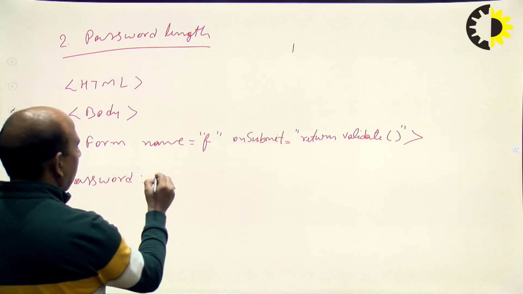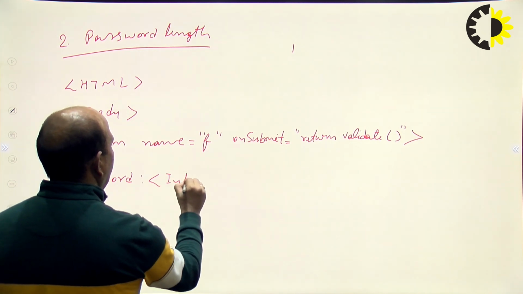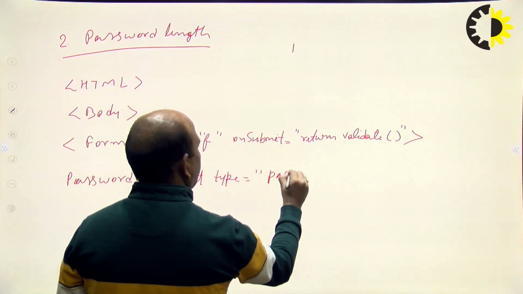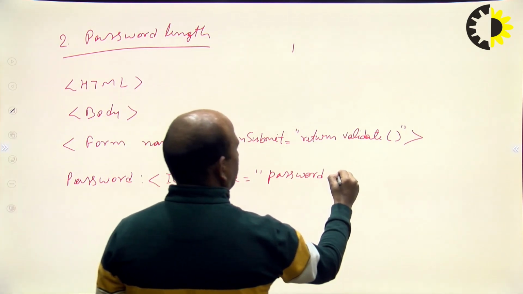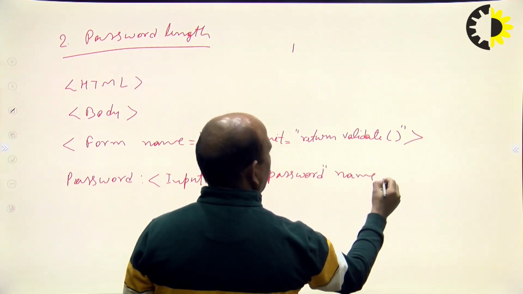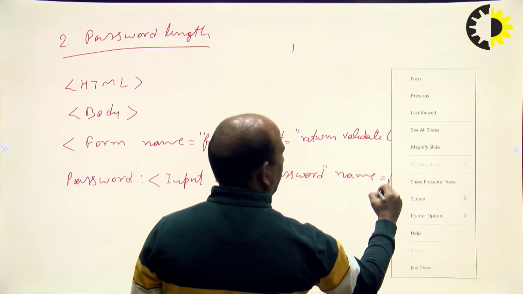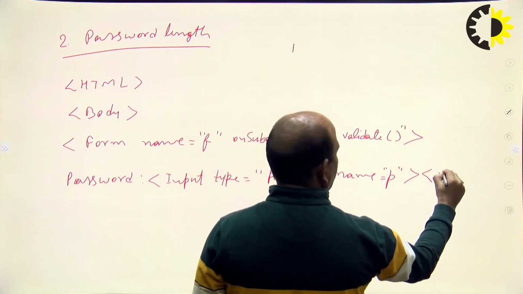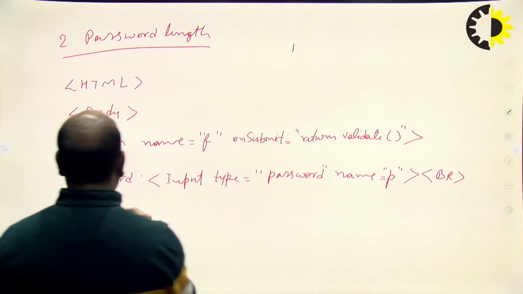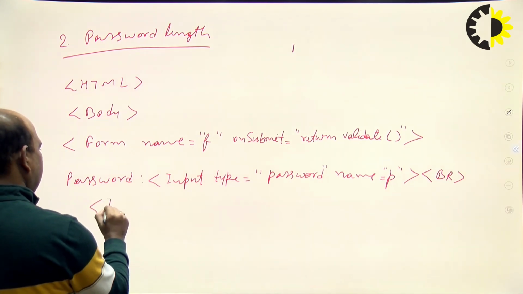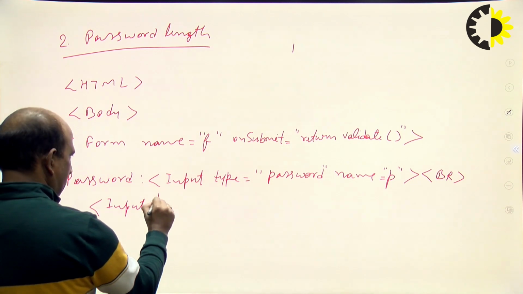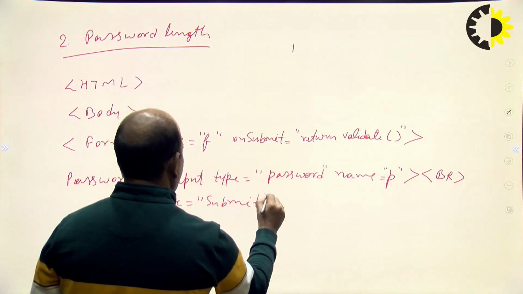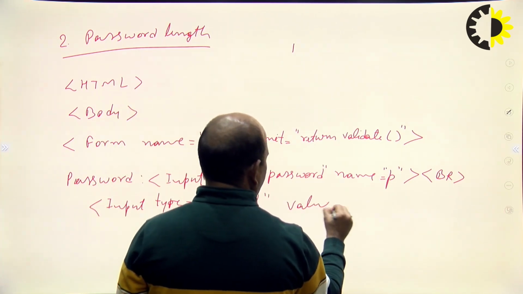For that I am writing input type equal to password, name equal to, let us say, P for this password field, and I am using the BR tag to go to the next line, and after that I am creating a submit button, input type equal to submit, value equal to submit.